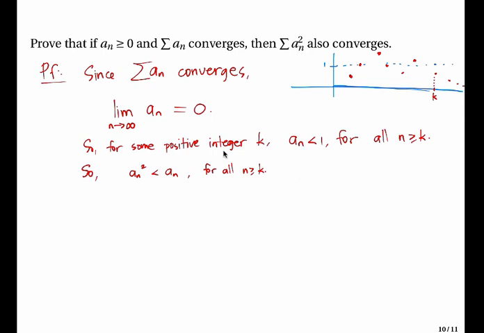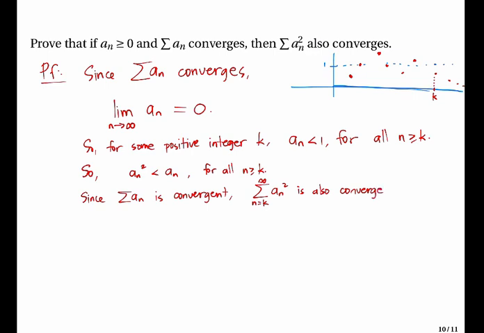So what? Again, series a n is convergent. Therefore, the smaller guys will also be convergent. So, since the sum a n again is convergent, the sum a n squared, from k to plus infinity, is also convergent.